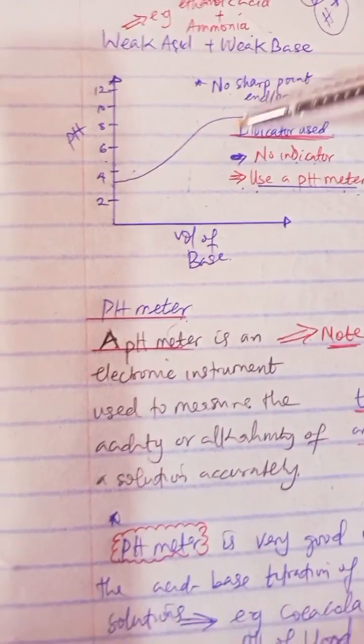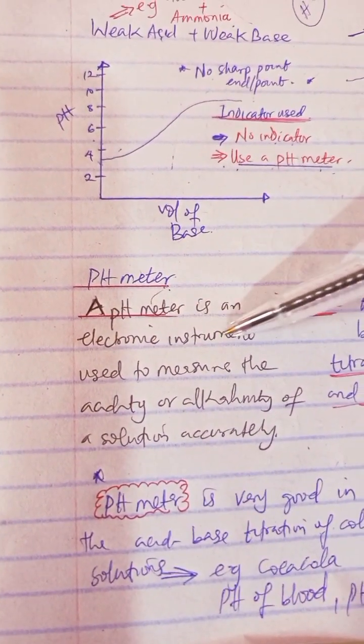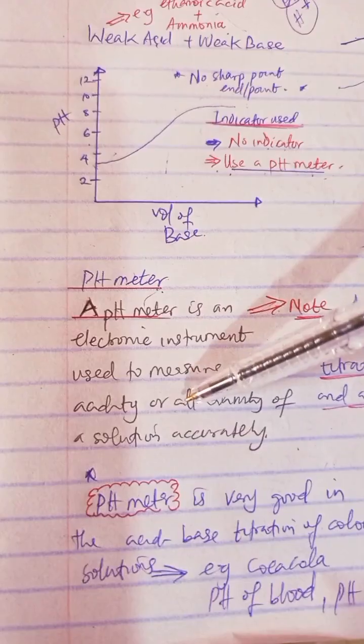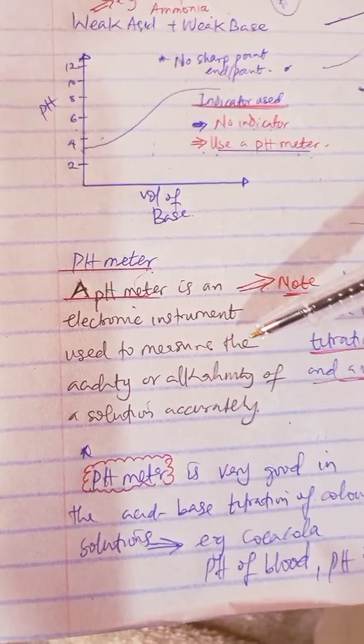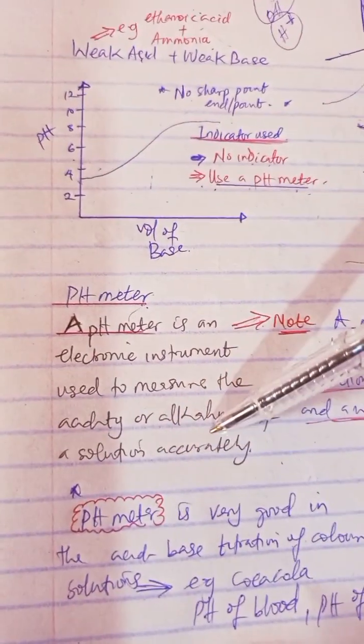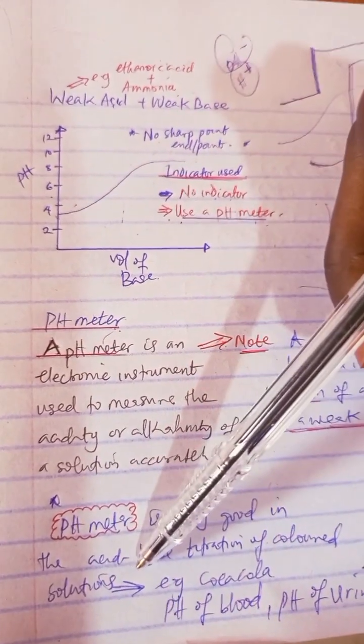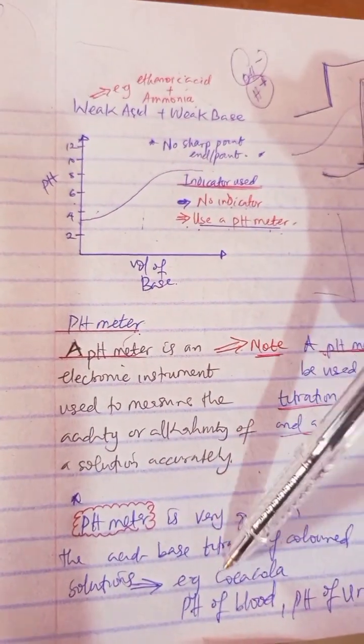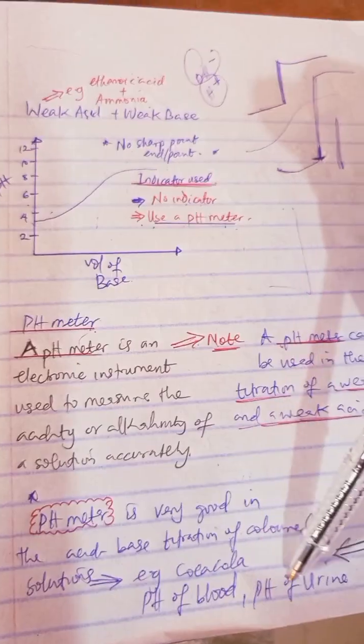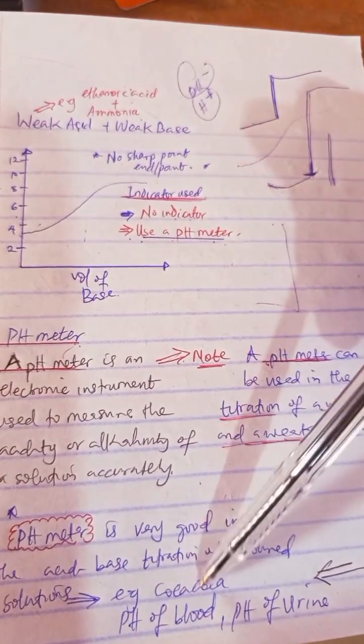So what is a pH meter now? The pH meter is an electronic piece of equipment used to measure the acidity or alkalinity of a solution accurately. So it is electronic in nature. A pH meter is very good in the acid-base titration of a colored solution. Take for example when you titrate Coca-Cola or blood or the pH of urine, because Coca-Cola is colored.